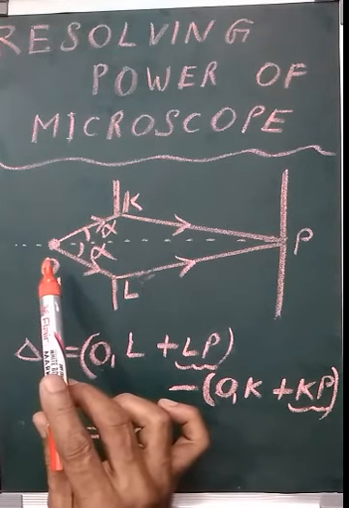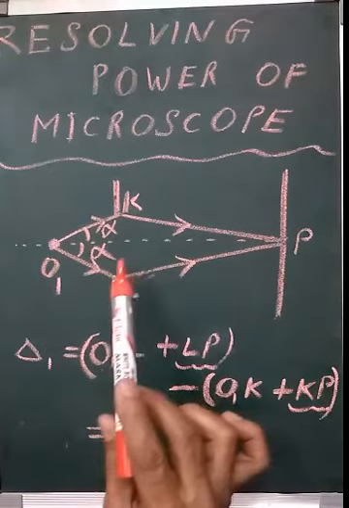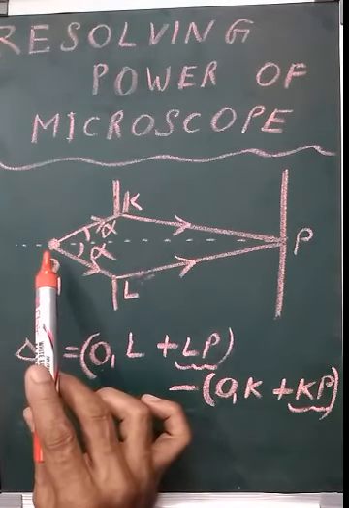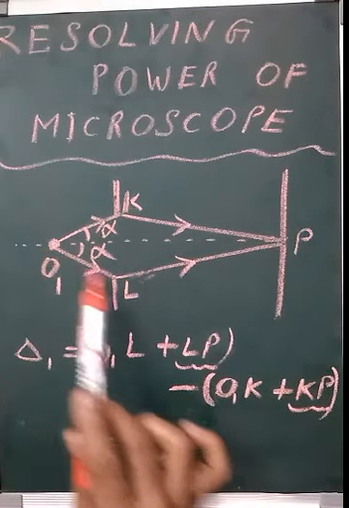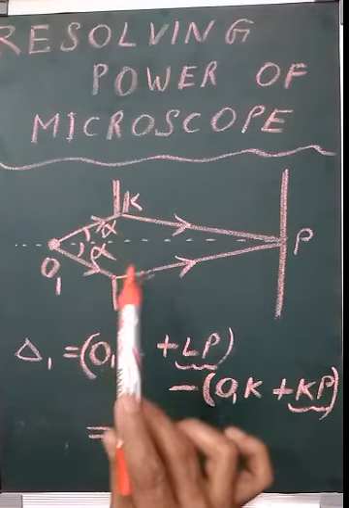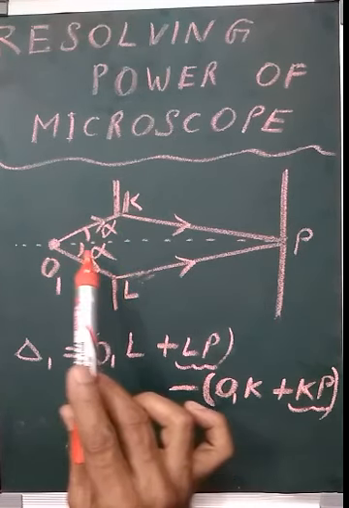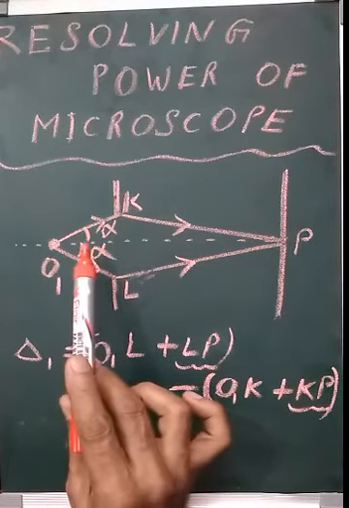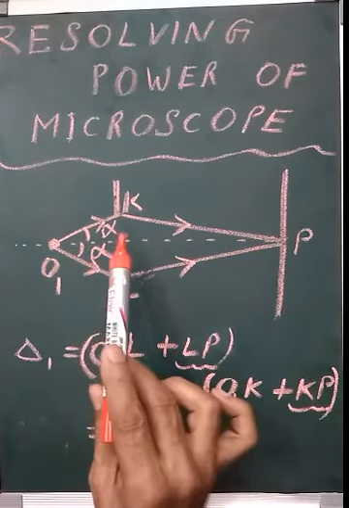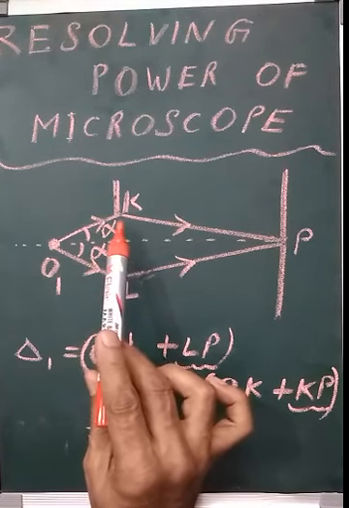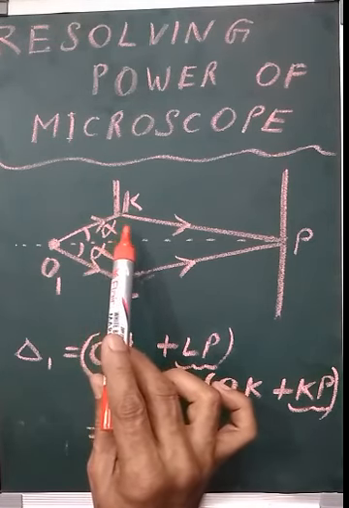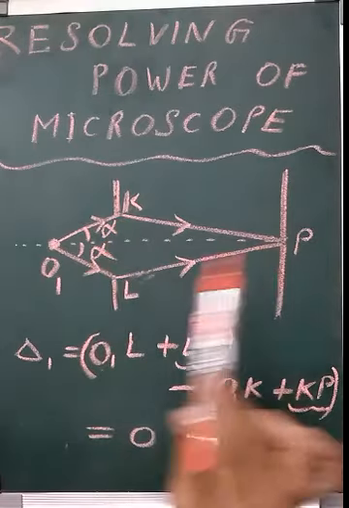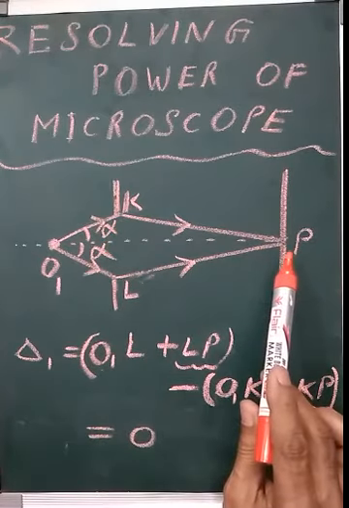When object O1 is lying on the principal axis, then the extreme rays of light which are incident at point K and L will make equal angle with the principal axis. Let us suppose this angle is alpha. After diffraction from the edges of objective lens, these rays of light will superimpose at point P.